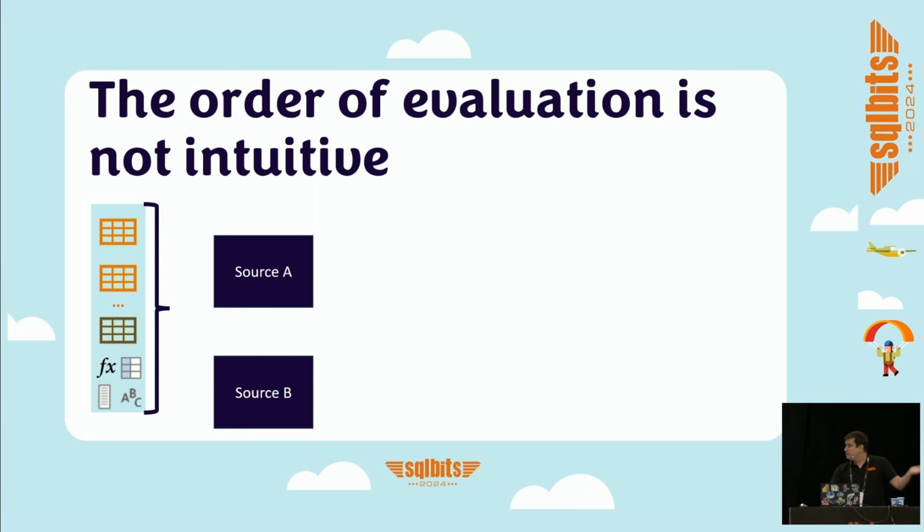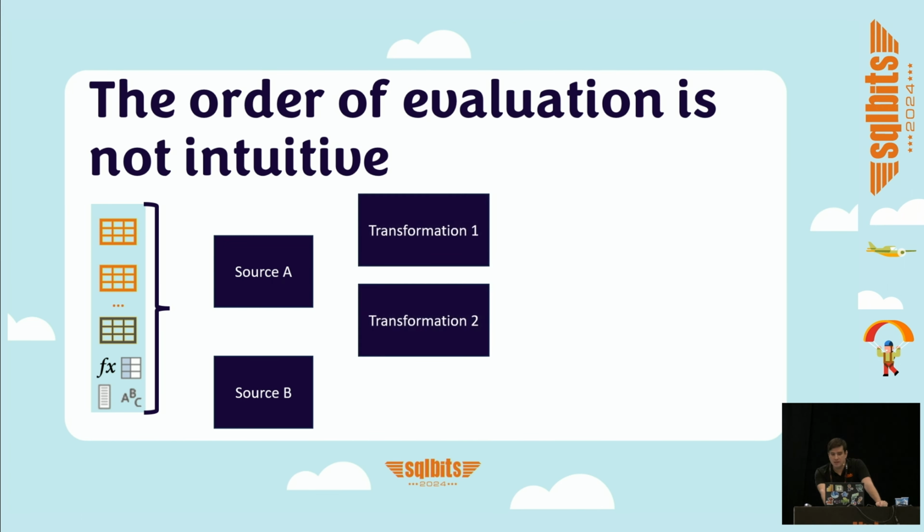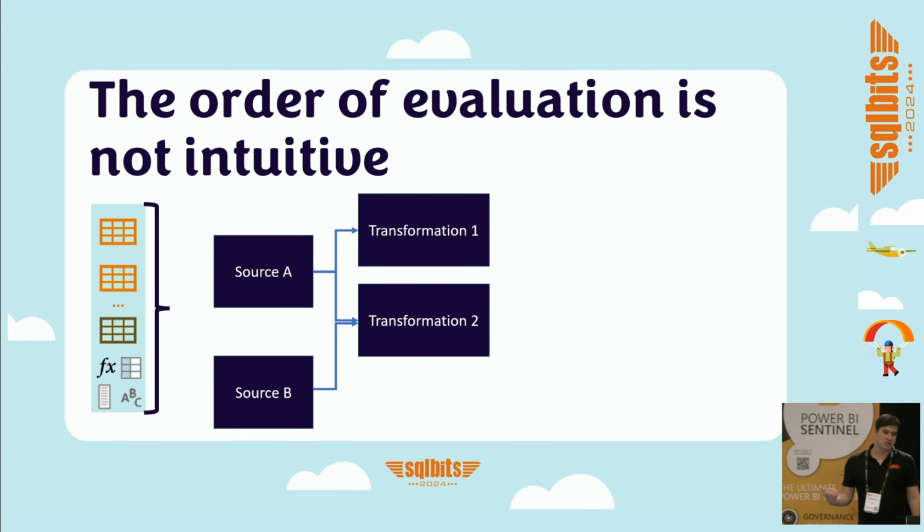So imagine you have several queries: source A, source B, transformation 1 and 2, which are those paths. Source A is used in transformations 1 and 2, and source B only in transformation 2.